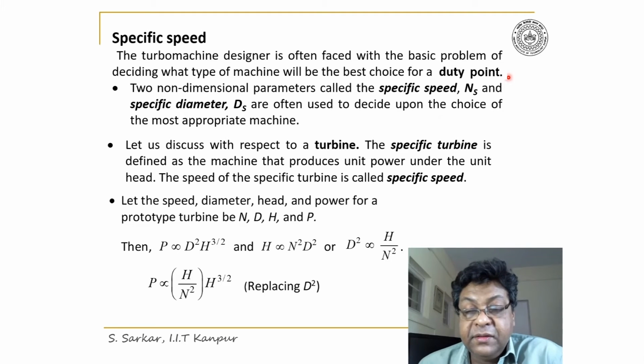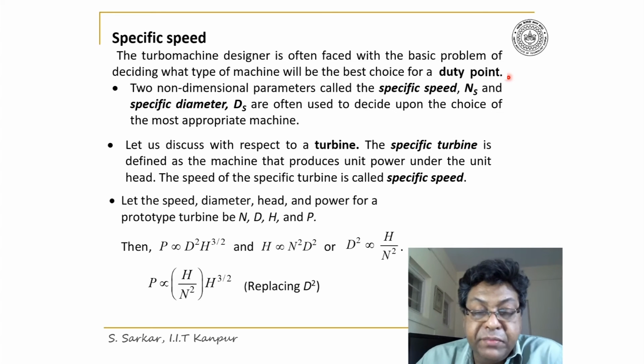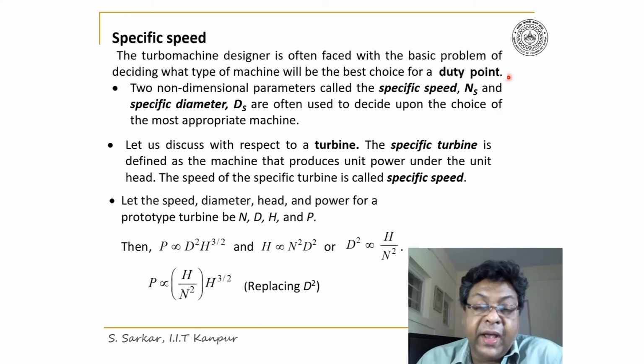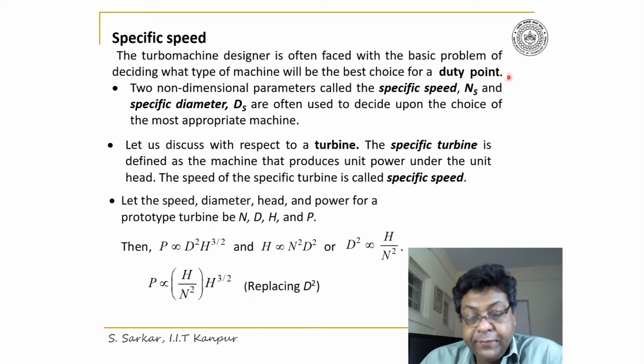Any vendor or any producer of turbo machines, they specify this duty point. So for a designer, only head developed by the machine, flow rate, and the RPM is known. Now he has to decide first what kind of machine he would design, whether axial, mixed flow, or a radial flow, and what would be the maximum possible efficiency.